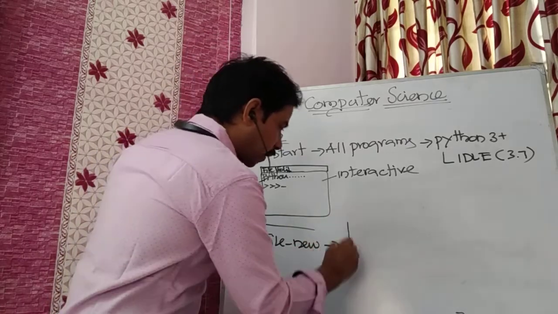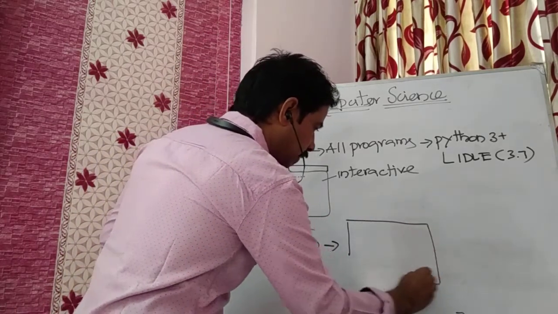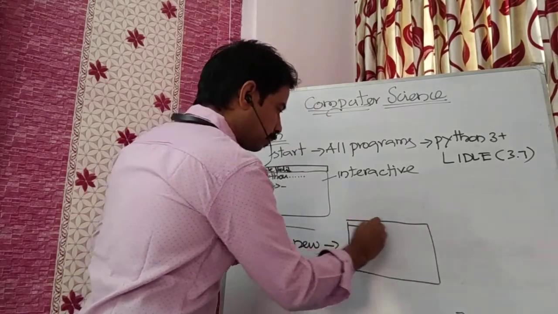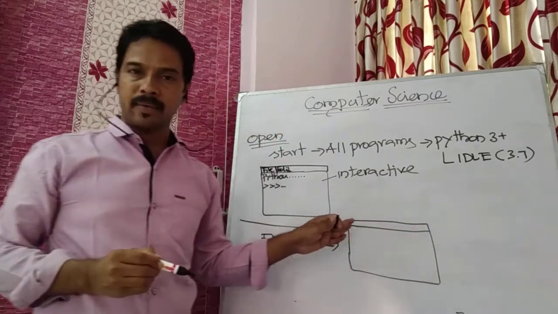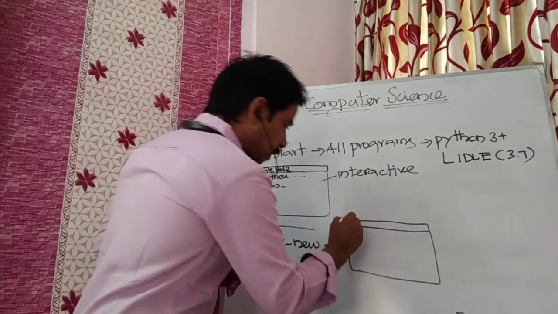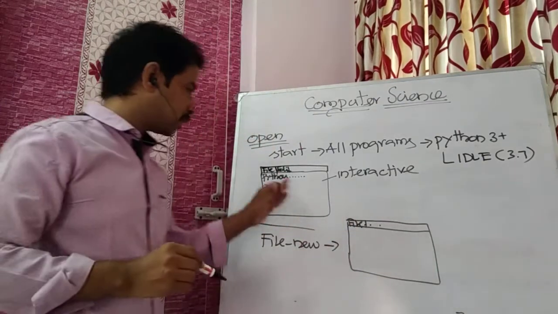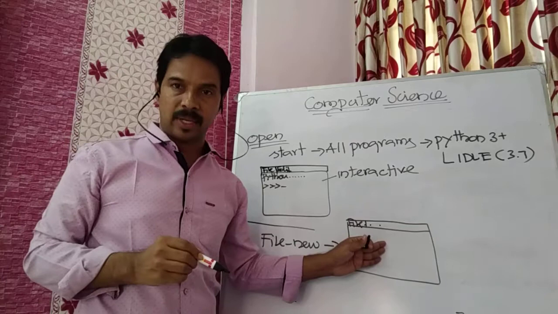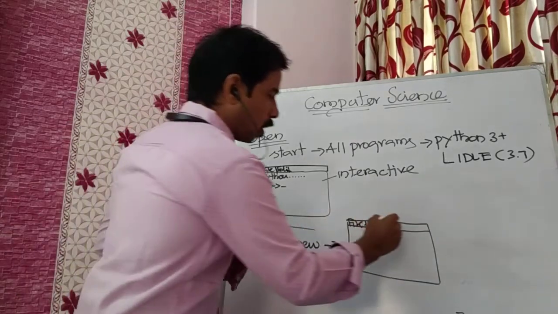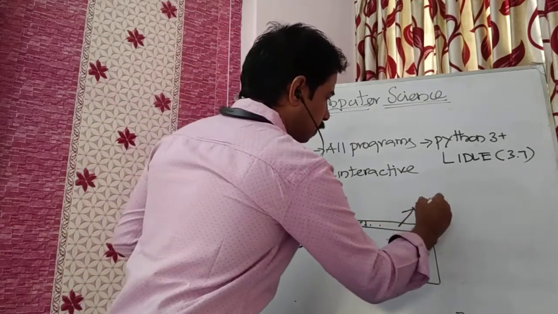Immediately you can see another window, same as this one. Here also the tabs, file, edit, everything will come. Like this, one more text box you can see. This is called script mode.